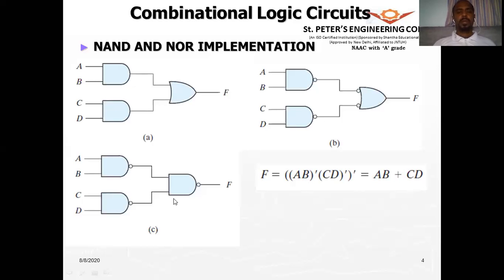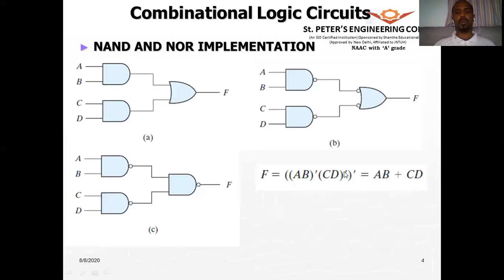Okay, now let us look at this. This means we have used purely NAND gates. Here we used 2 NAND gates, NOT gates and an OR gate. Now here, if you take the NAND gate itself, you can implement it. The output of the first NAND gate will be A and B, whole complement, and the output of this will be C and D, whole complement.